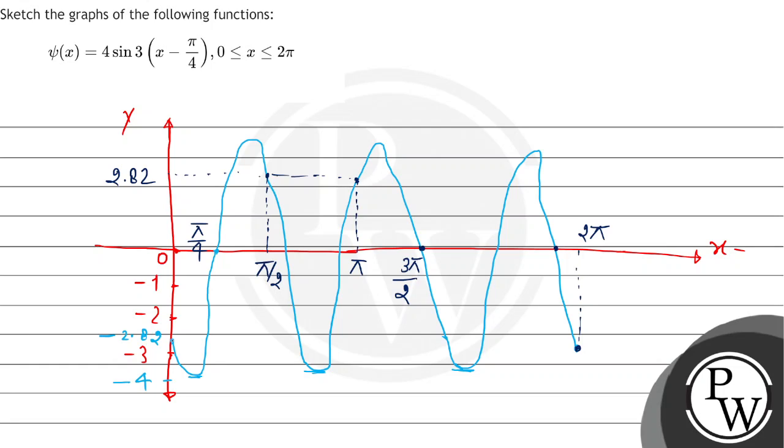When it was x equal to 0 then value was minus 2.82. और उसके बाद हमने देखा कि पाई बाई 4 पर साइन एक्स फंक्शन का ग्राफ जो था वो 0 दे रहा था और पाई बाई 2 पर यह 2.82 दे रहा था और उसके बाद यह पाई पर फिर से 2.82 दिया बट अगेन 3 पाई बाई 2 पर यह 0 हो गया. फिर आगे सॉल्व करने पर हमने देखा कि 2 पाई पर, when x is 2 pi the value was minus 2.82.